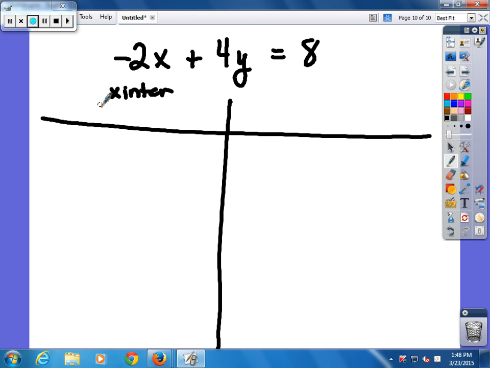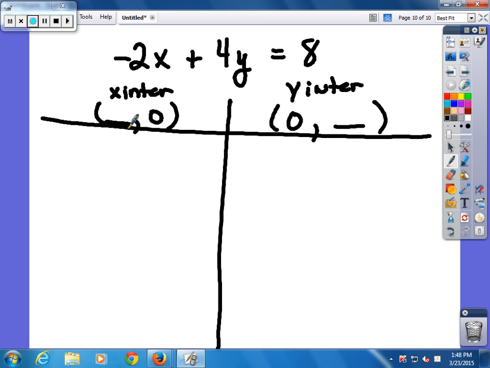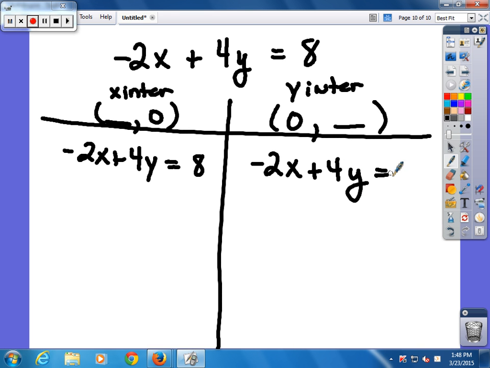X-intercept, 0 for y. Y-intercept, 0 for x. And then over here, I'm going to say negative 2x plus 4y is equal to 8.